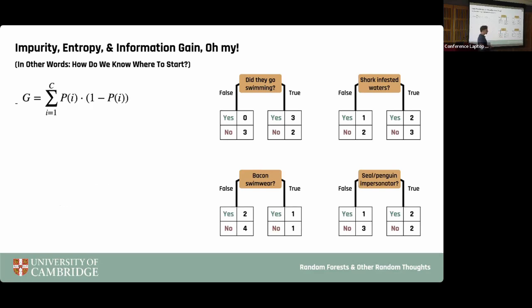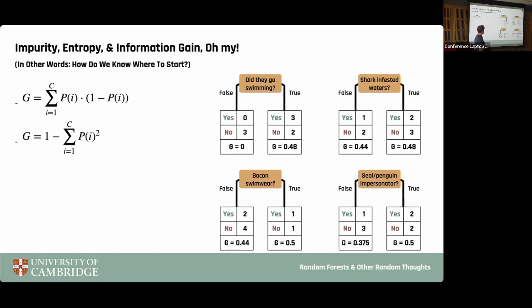Okay. Now, in terms of how we actually go about calculating the Gini impurity, I don't have too many equations because I want to keep it intuitive. I don't want to just bombard you with them because that's not fun for anyone. But we basically take the probability of the output that we're looking for, so that's yes, and then times it by 1 minus probability, and we do that across all classes.